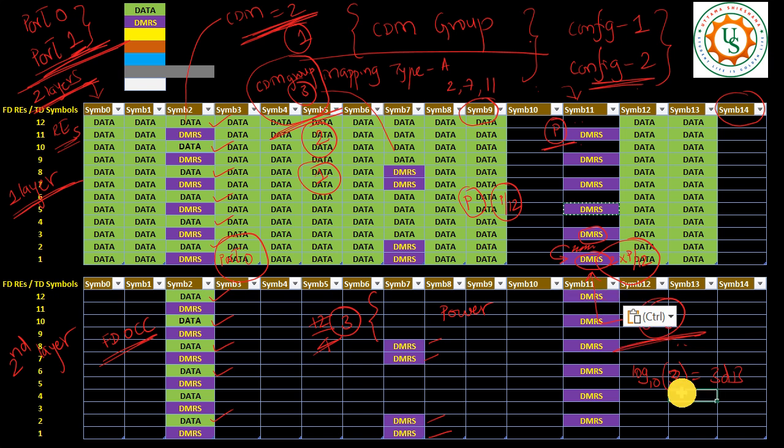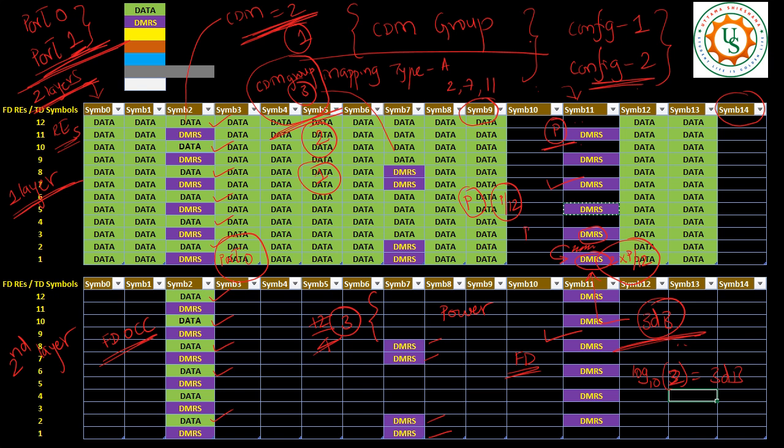Now, if you see on port 1, sorry, on the first layer, it occupies even REs, on the second layer, it occupies odd REs. Okay, so both are orthogonal in the frequency domain resource allocations. So in this case, the frequency domain OCC will not come into the picture.